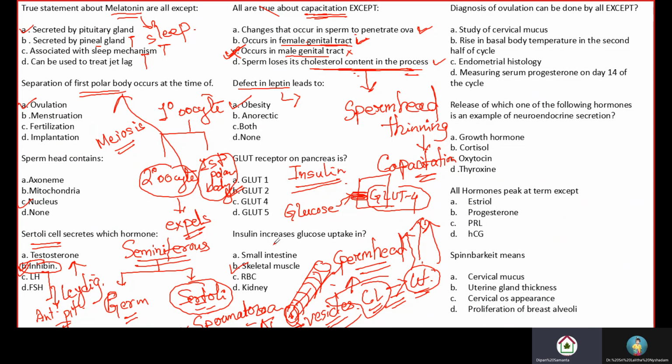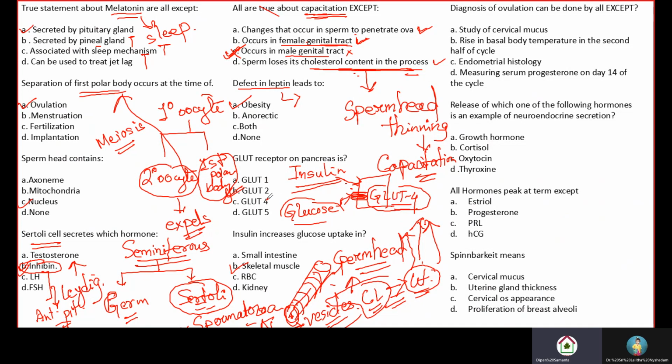It is skeletal muscle. Insulin increases glucose uptake in skeletal muscle. Now see what happens when glucose is present in the blood. Insulin comes and triggers the expression of GLUT4 receptor in the membrane of skeletal muscles, and glucose is taken into the skeletal muscle in order to provide energy through GLUT4.